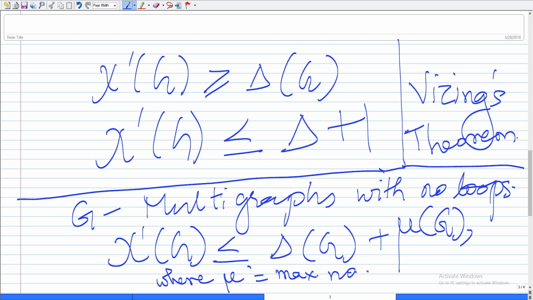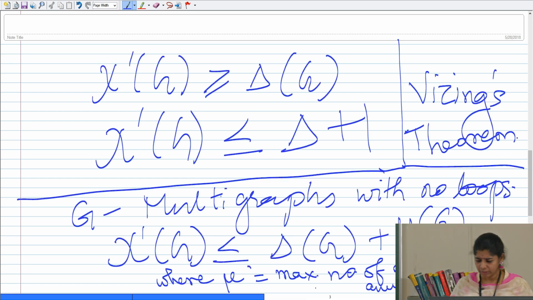This is the maximum number of edges between any two vertices, because we are talking about maximum number of parallel edges obviously, because delta of G will take into account the edges from any vertex, right.